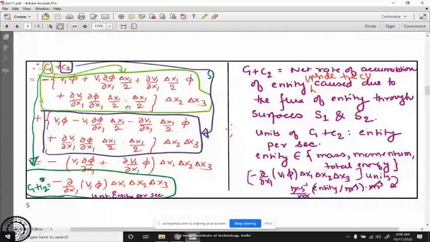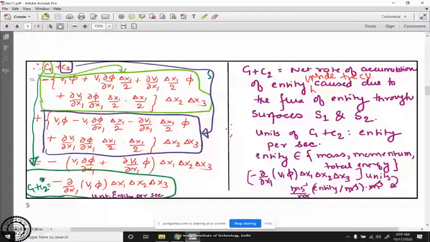And what you are left with is this term, what I'm showing with the cursor, and then the second and the third term from the purple box. You add all of them, and this is what you get: minus v1 del phi del x1, del v1 del x1 phi, and then delta x1 delta x2 delta x3.